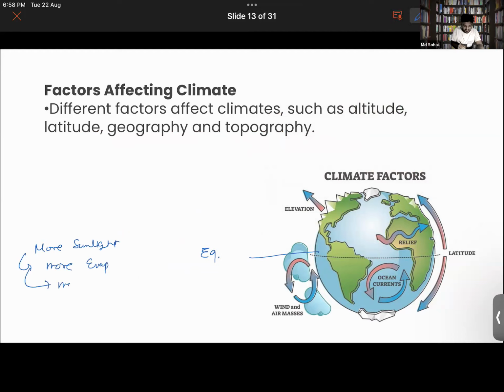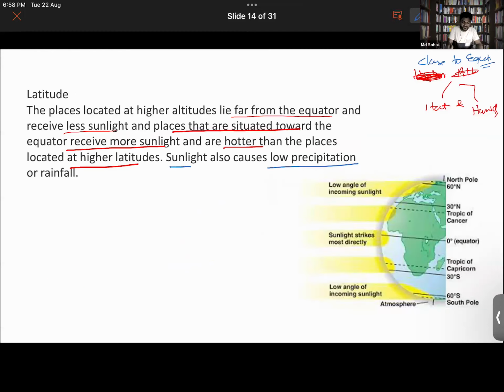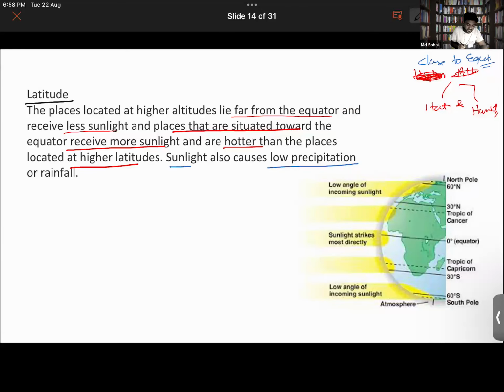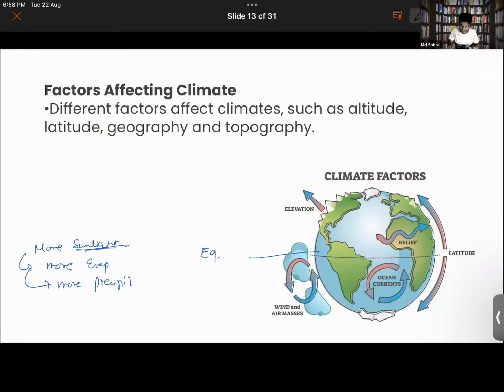That means more precipitation, isn't it? So the amount of sunlight determines precipitation. Hence, we can conclude here that latitude plays an important role in determining the climate of a region. Got this or not? Okay, so this is clear now.